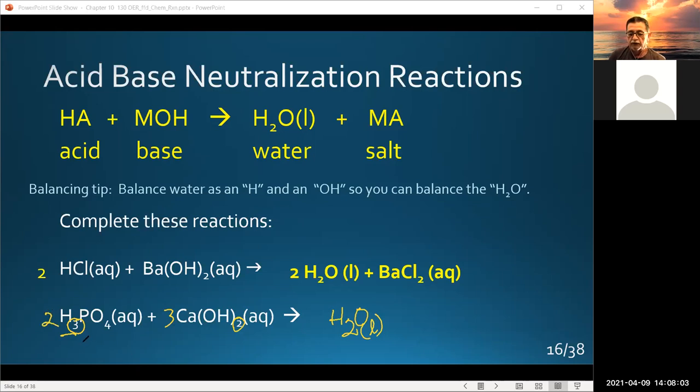What does that do? Well, that gives me 6 protons, right? And 6 hydroxides. Now I can put those together, and guess what? How many waters am I going to get? Obviously, 6 waters, just like up here. I got 2 protons, 2 hydroxides, I'm going to get 2 waters. Here I got 6 hydroxides, 6 protons, I'm going to get 6 waters.